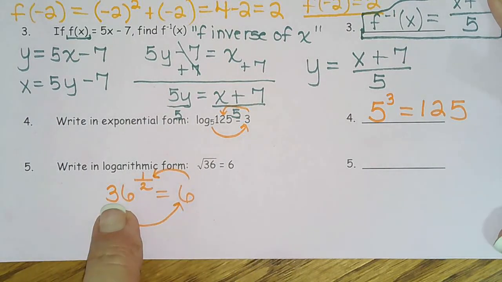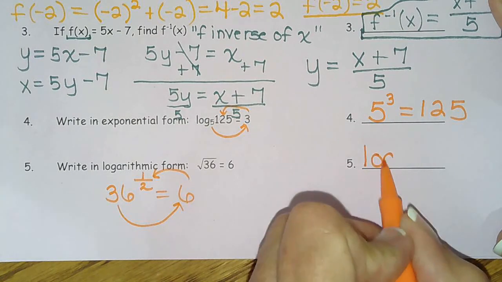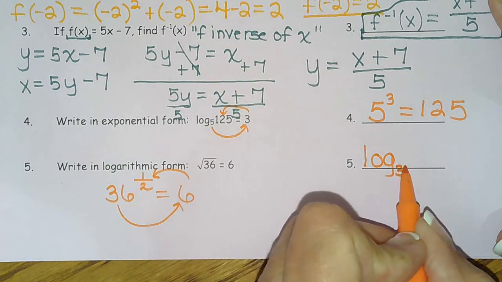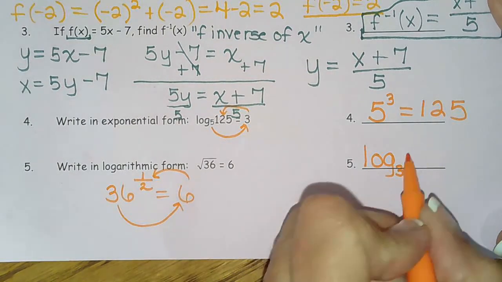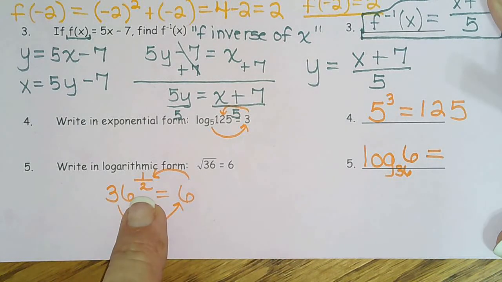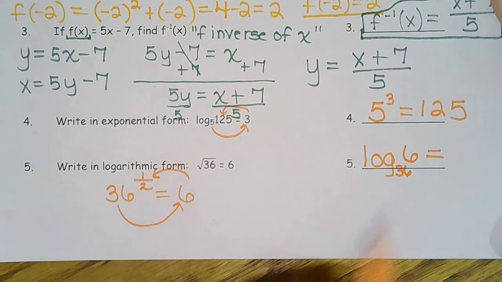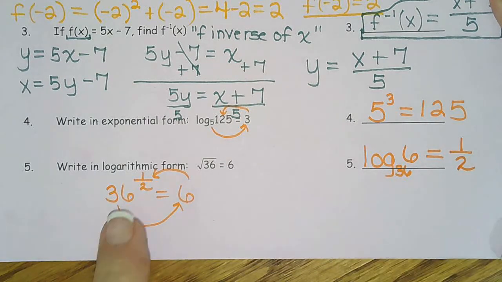So to put it back into log form, remember the base of my exponent becomes the base of the log, so write the 36 down low. Then the next number I write is 6, so 6 is going to be the argument, and I always know I'm going to set it equal to the exponent because a log is just an exponent. So this is just the order, right?